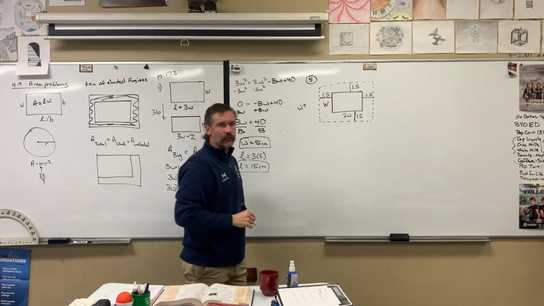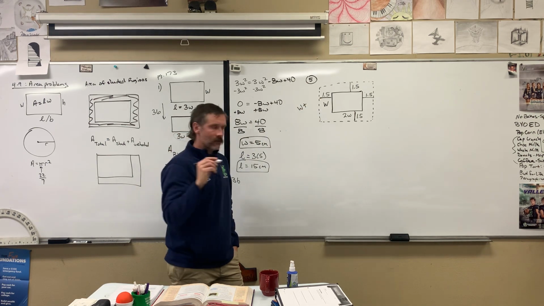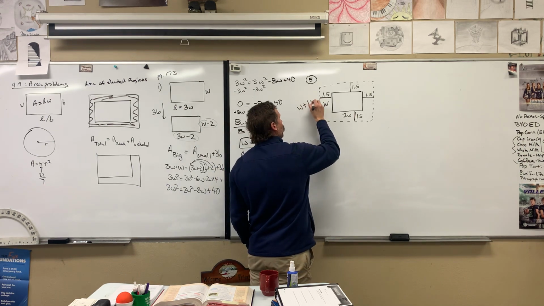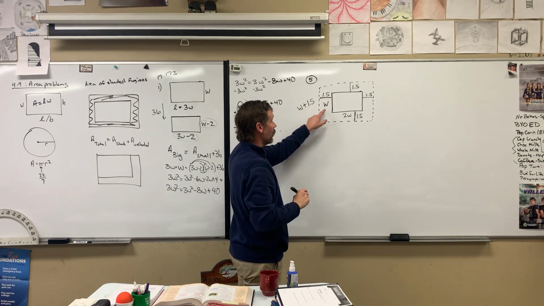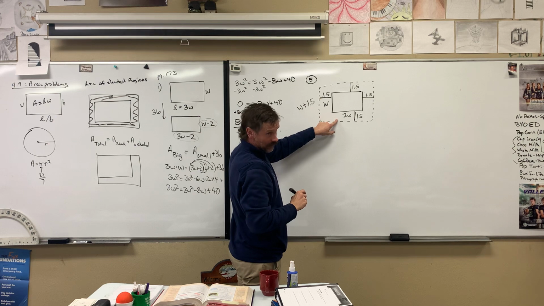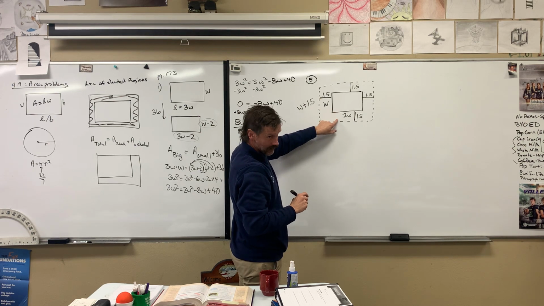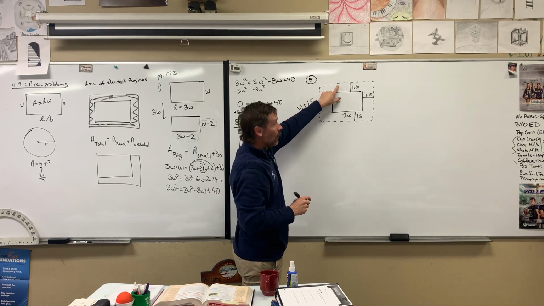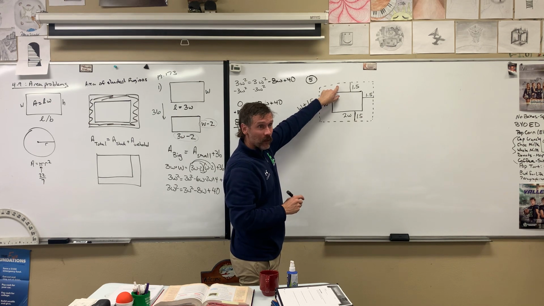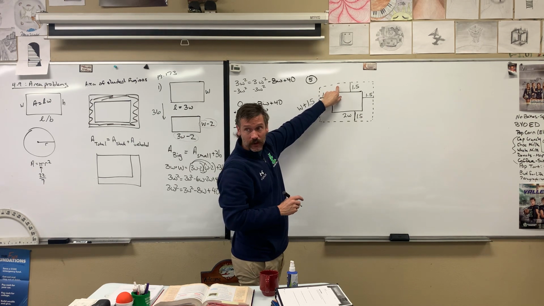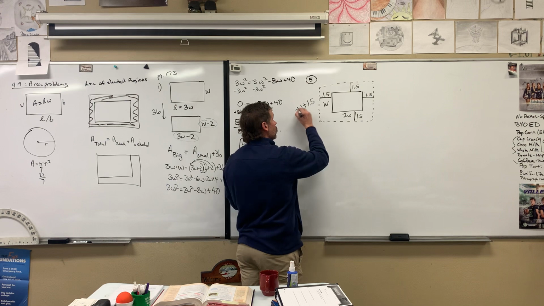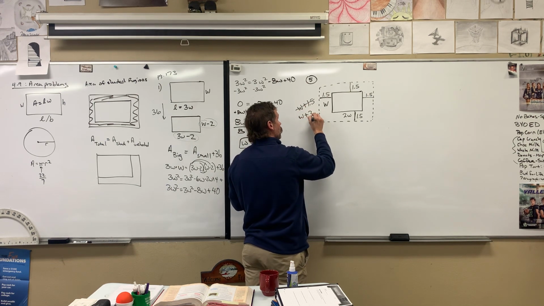W plus 3. A lot of times we say 1.5 because that's what we see right here, width plus the 1.5. But remember, you have a 1.5 here and a 1.5 there. So what's the new width? It's not just 1.5, it's going to be W plus 3.